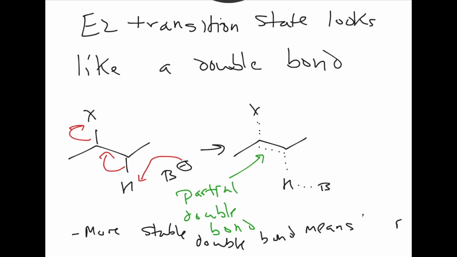So a more stable double bond means a lower energy transition state, right? So it's just easier for the reaction to make the more stable double bond because the transition state that you have to go through is lower in energy. So if you remember everyone's favorite reaction coordinate diagrams, right?